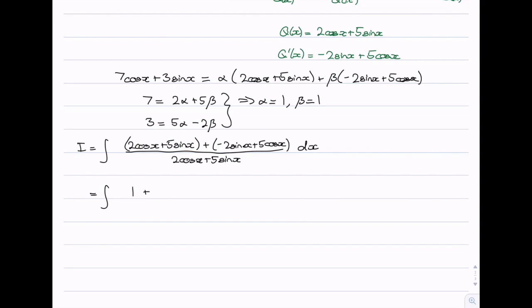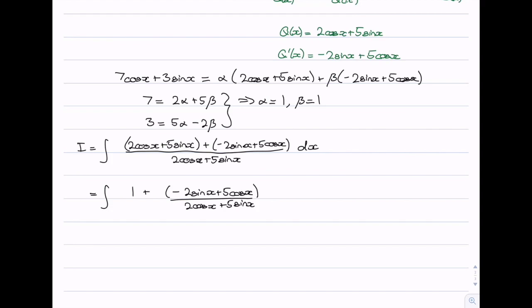And then I have plus minus 2 sin x plus 5 cos of x divided by 2 cos of x plus 5 sin of x. But remember, what's this? This is just some function in the denominator, and on top we have its derivative. It's q dash divided by q.